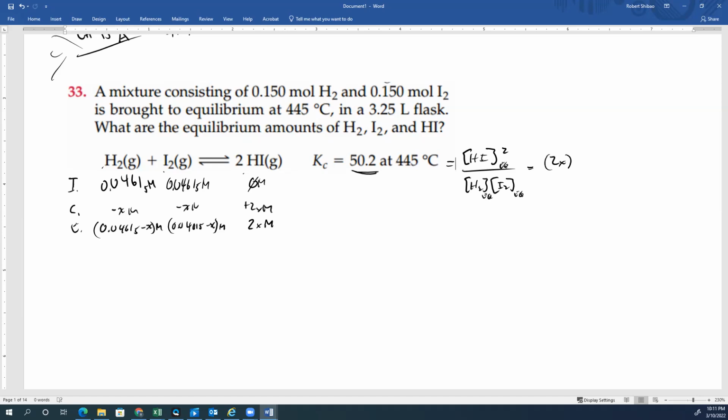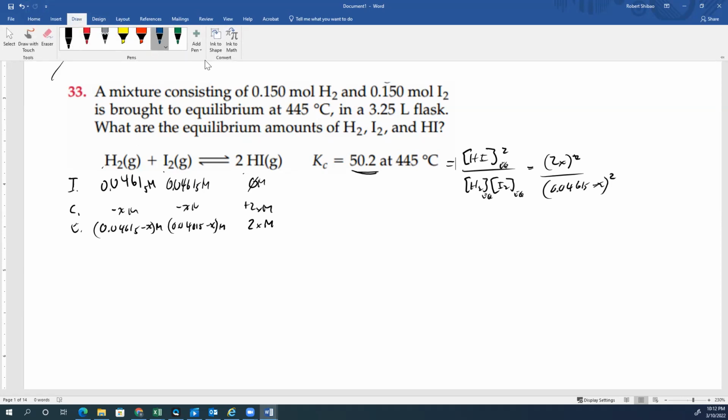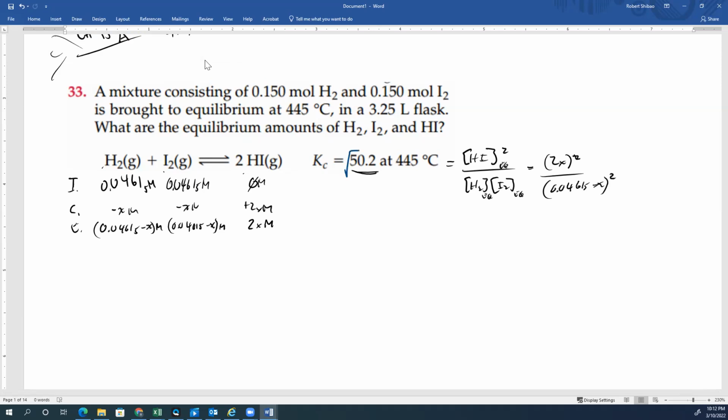It's going to come out 2x quantity squared divided by 0.04615 minus x, times the same, and so this is going to be squared. I like it when I have squared on top and squared on bottom, because all I have to do is take the square root of the KC value, and then take the square root of this.